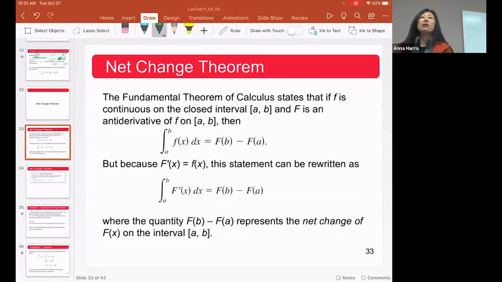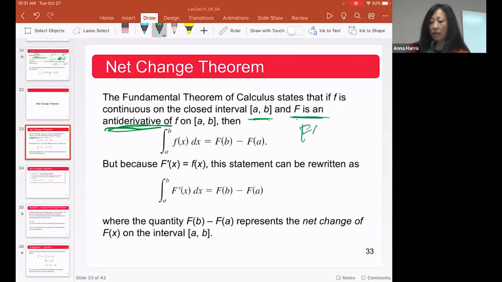In other words, say your function is continuous. In calculus, we always assume the function is continuous. If it's not continuous, a lot of things we cannot do. We cannot take derivatives and things like that. So we assume f is continuous on the closed interval a, b. Now capital F is the antiderivative of f.